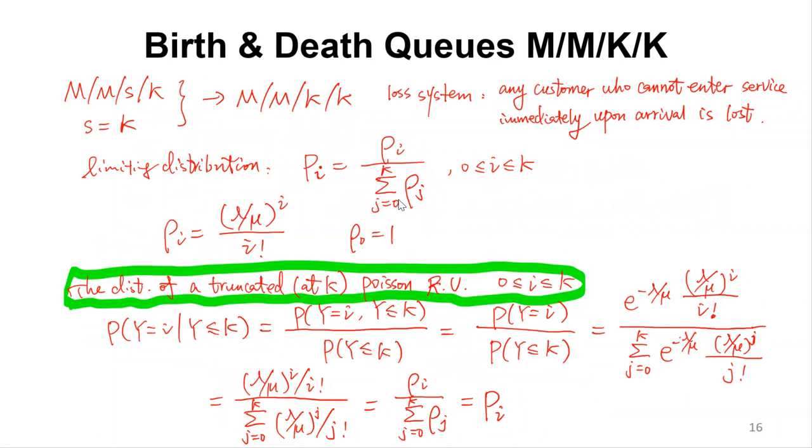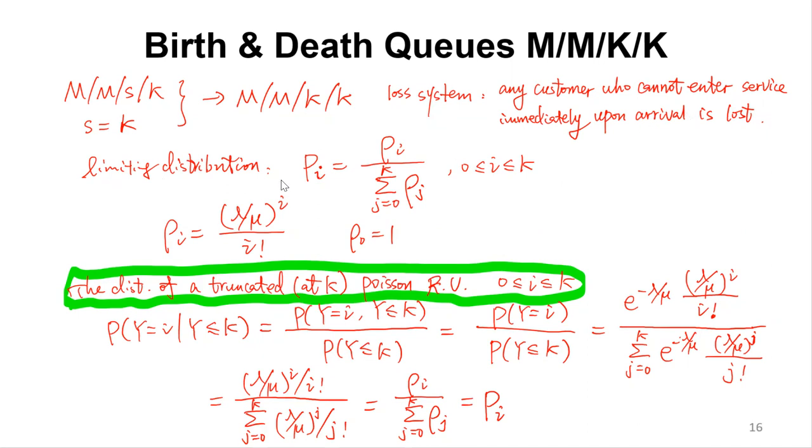Now, we talk about M/M/K/K. Suppose the number of servers is the same as the capacity, so S equals K. This is called a loss system. Any customer who cannot enter service immediately upon arrival is lost. If the customer finds there is 1 server available, then I enter the service, because K equals the number of servers equals the capacity.